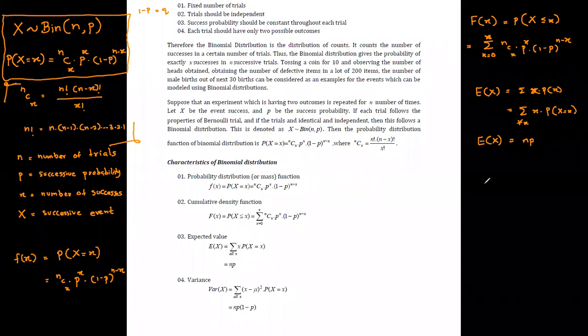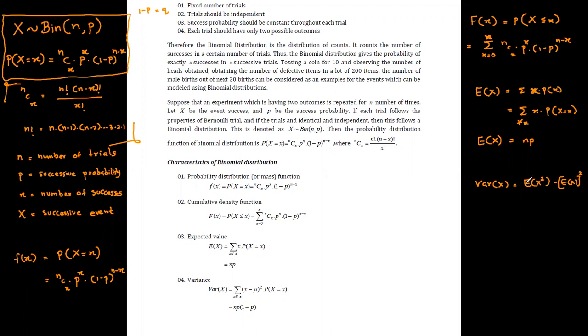The fourth characteristic that we are going to consider under the binomial distribution is the variance. Using the same concept we used previously, E(x squared) minus (E(x)) squared, you can obtain the variance of the random variable.